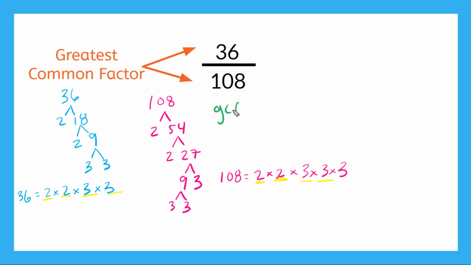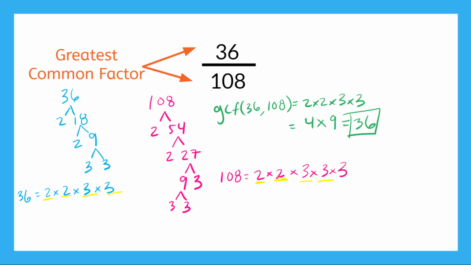So GCF of 36 and 108 is equal to 2 times 2 times 3 times 3. And this is equal to 4 times 9, which is equal to 36. So 36 is our greatest common factor of 36 and 108.